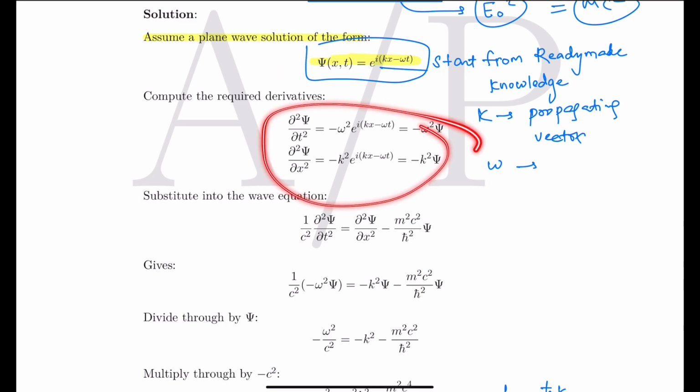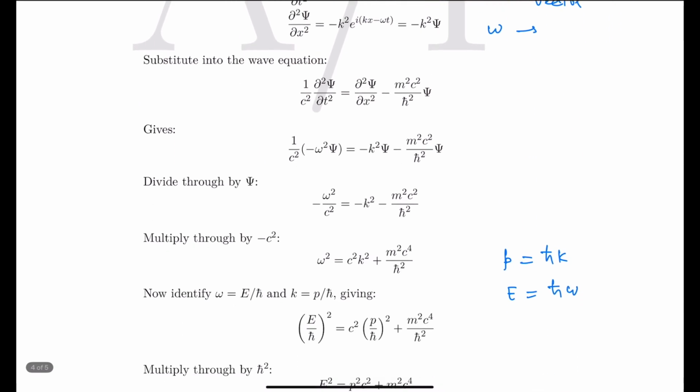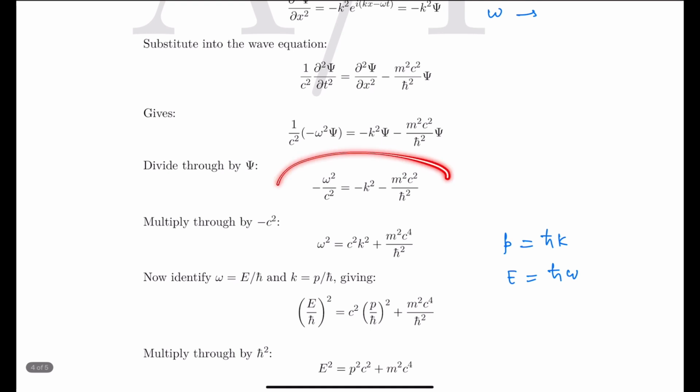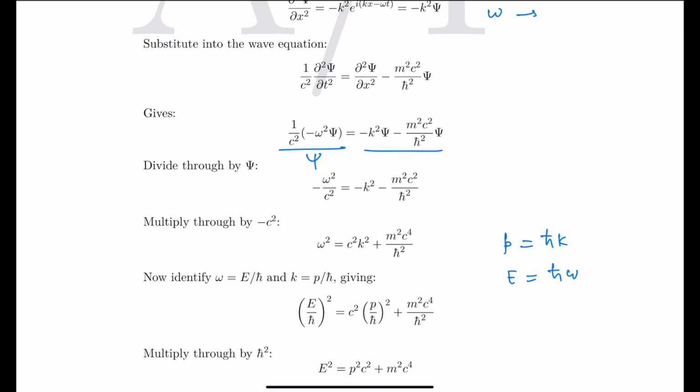Now we substitute these two values in the given wave equation of Schrodinger, which leads us to this expression when we divide both LHS and RHS by psi, the wave function.